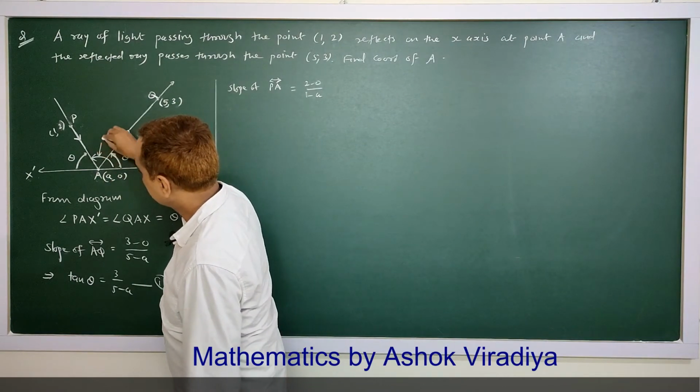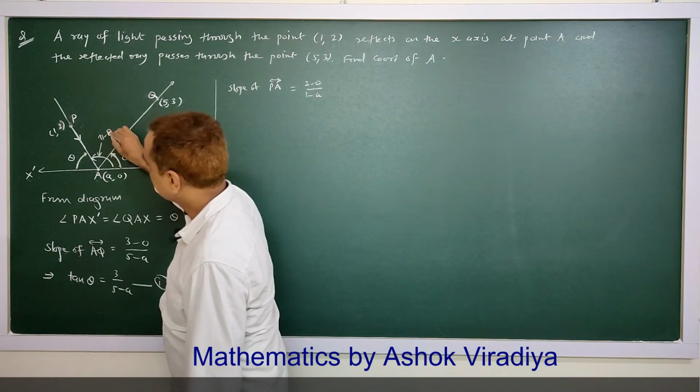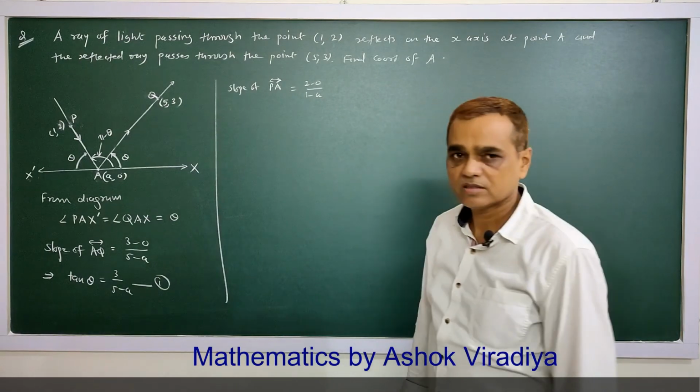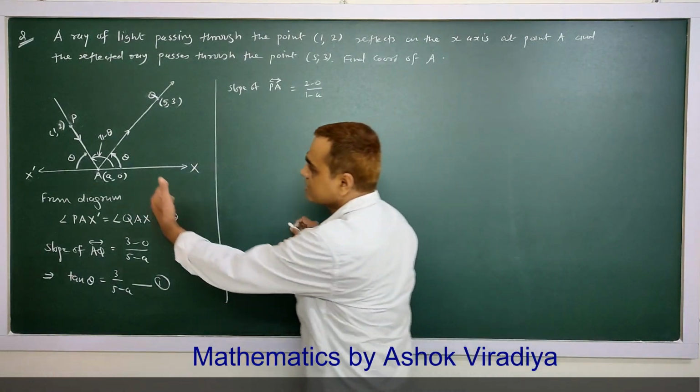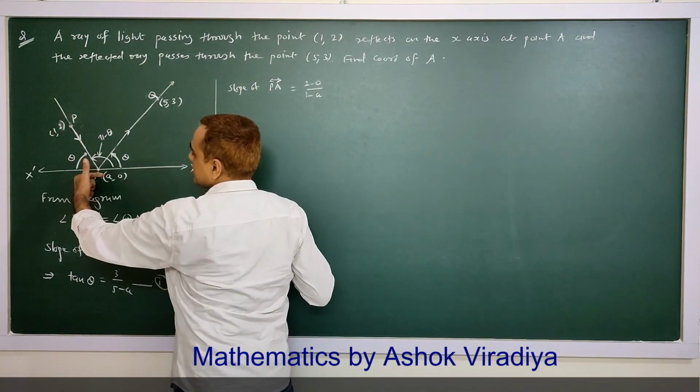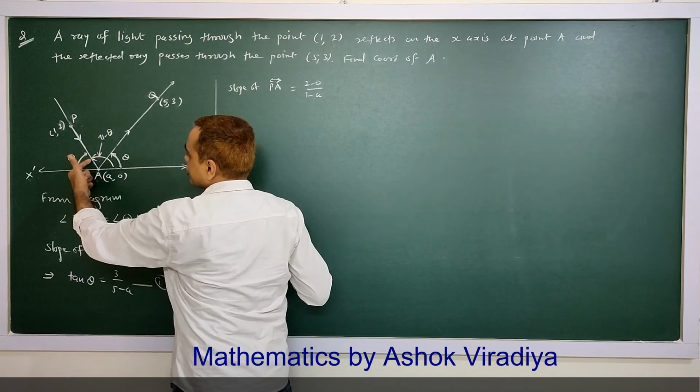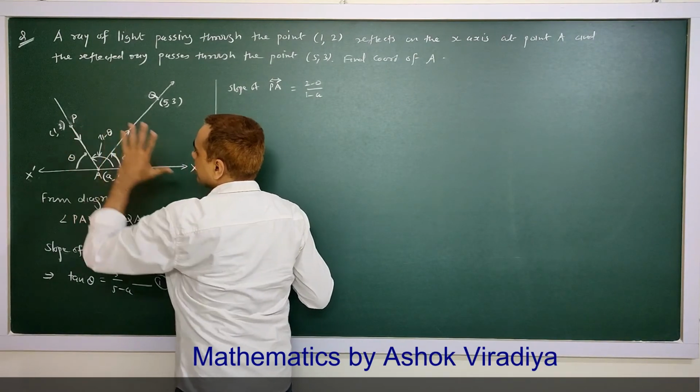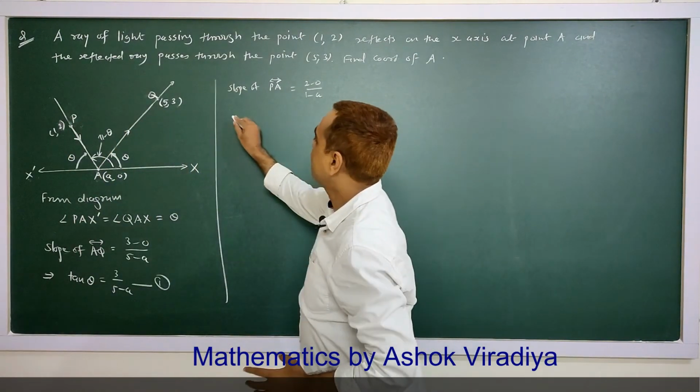So the slope of this line will be tan of the inclination, pi minus theta.